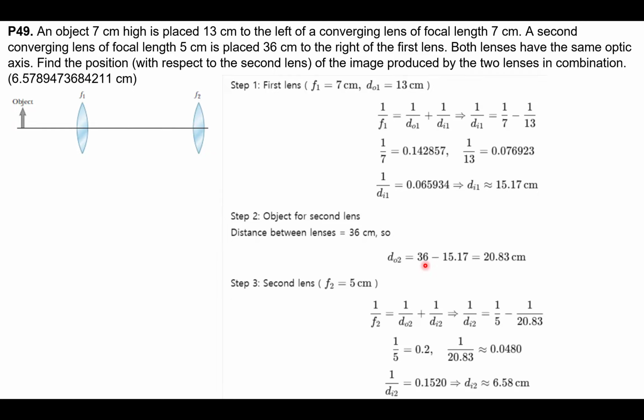So the lens 2 distance minus this image distance is the object distance, and you apply the second lens law to find that di2 is this one.